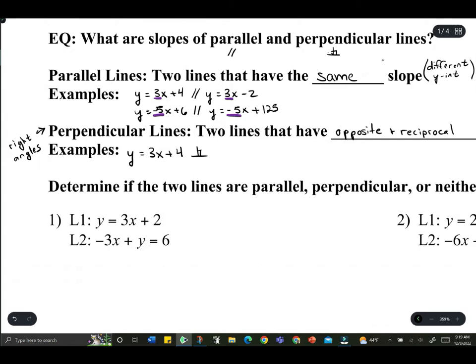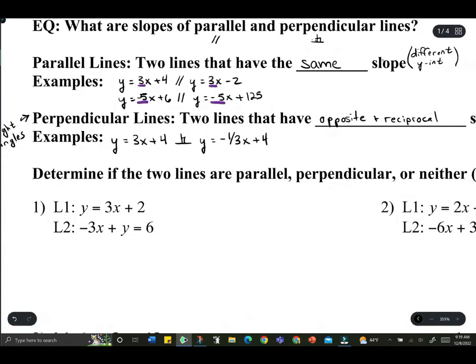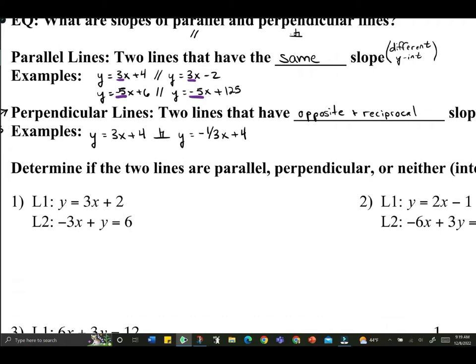What would be perpendicular would be a slope of negative 1/3 x plus 4. The y-intercept, again, is no big deal. So 3x and negative 1/3. Let me just give you some other ideas. A slope of 2 would be perpendicular to negative 1/2.